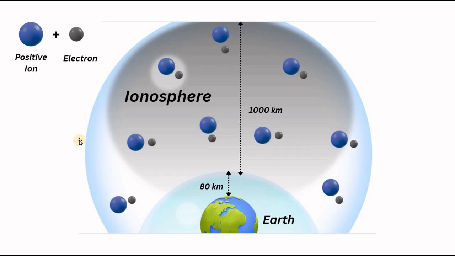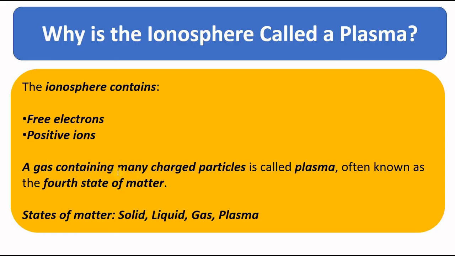This whole concentration of charged particles, the positive ions and free electrons, collectively is called plasma. A gas containing many charged particles is called plasma. It is often referred to as the fourth state of matter: solid, liquid, gas and plasma, a charged environment of positive ions and free electrons. So this layer, the ionosphere, is called the plasma layer.